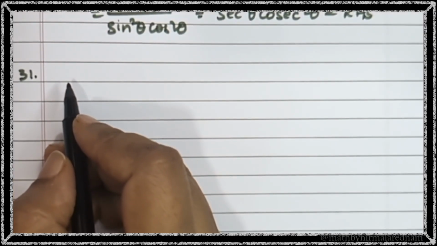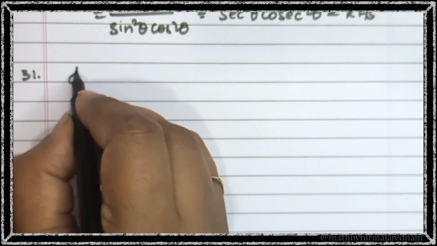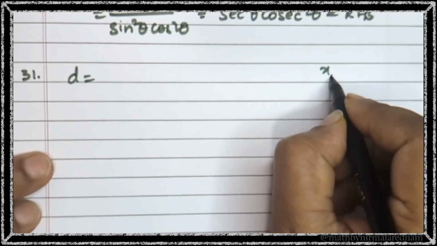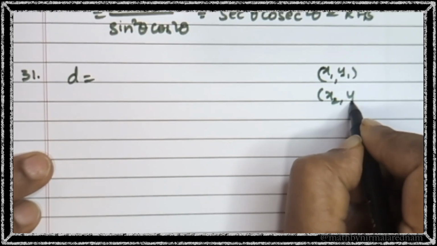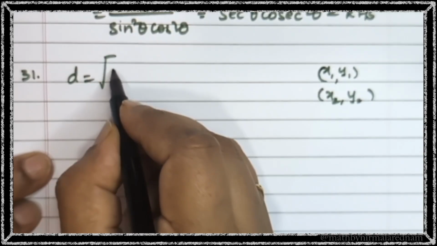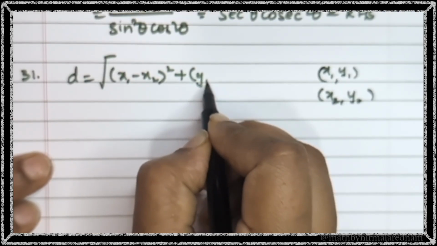In coordinate geometry we know the distance formula. If (x1, y1) and (x2, y2) are the points, then the distance formula is the square root of (x1 minus x2) whole square plus (y1 minus y2) whole square.